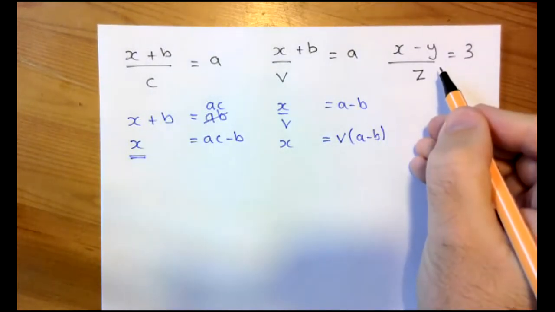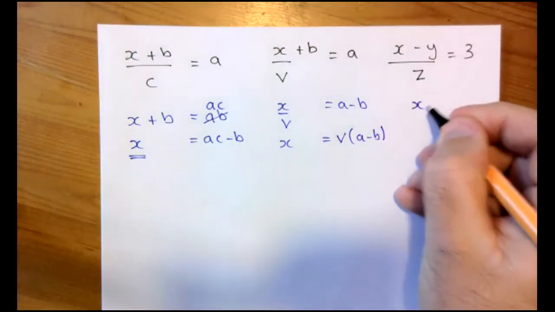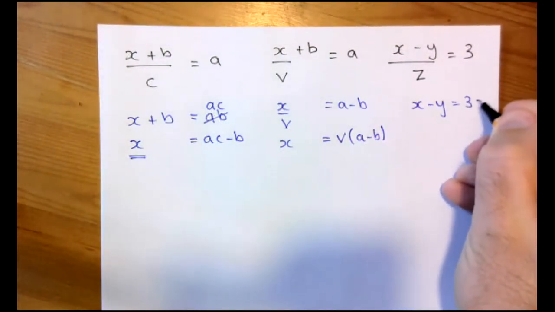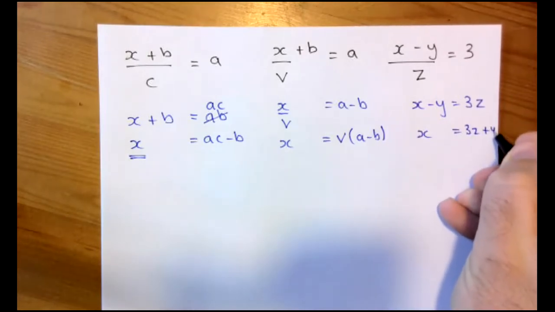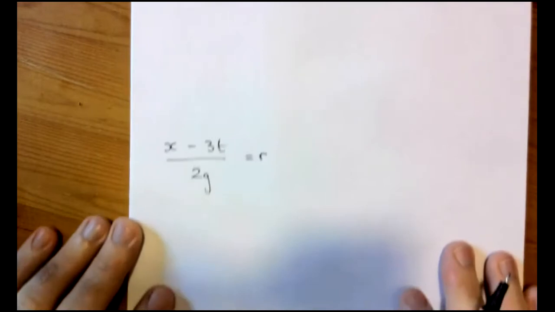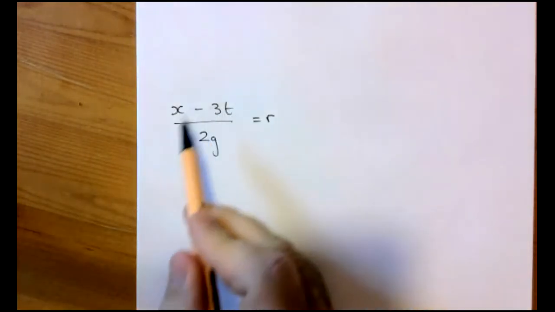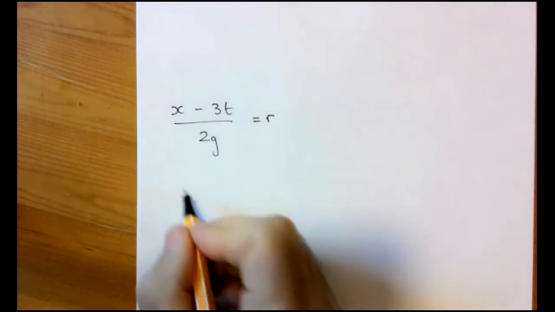Okay, so the third one is very similar to the first one. So I'm going to multiply by the z first of all. X minus y equals 3z, and then I'm going to add the y. Okay, so the last one, again, I want the x on its own, so I'm going to multiply by the 2g.